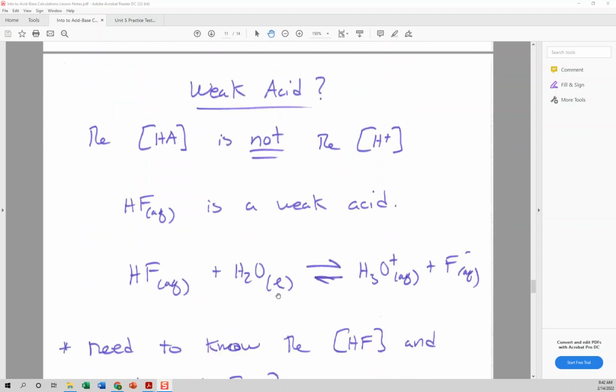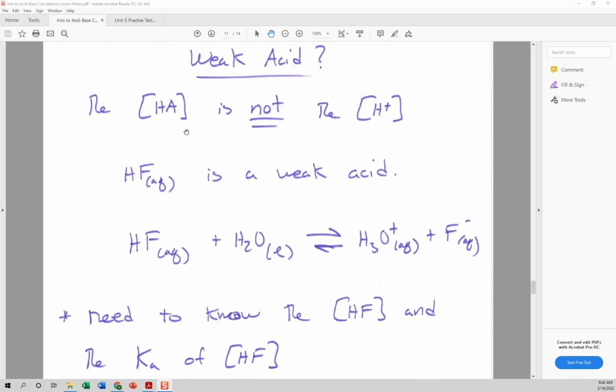All right, so what about a weak acid? Here's the deal, and we're going to label a monoprotic. Monoprotic means an acid that only has one H plus. We're going to label a monoprotic weak acid as HA, H plus paired up with an anion. The concentration of HA, if it's a weak acid, is not the concentration of H plus.